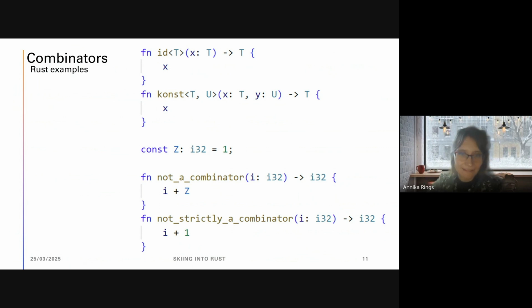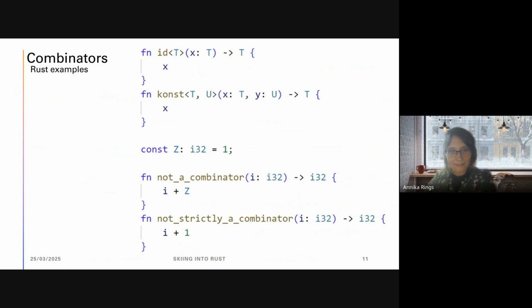The third example here takes an integer and adds a constant to it that, as the name suggests already, is not a combinator because it uses this constant that is defined outside of the function.